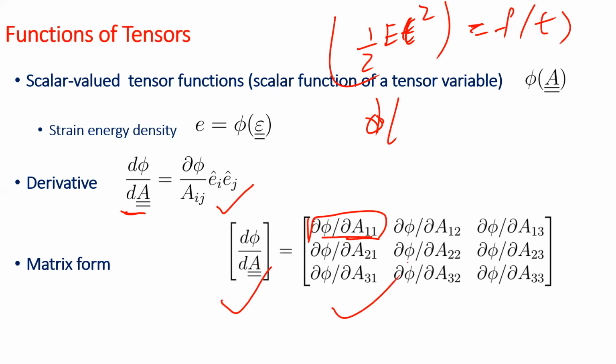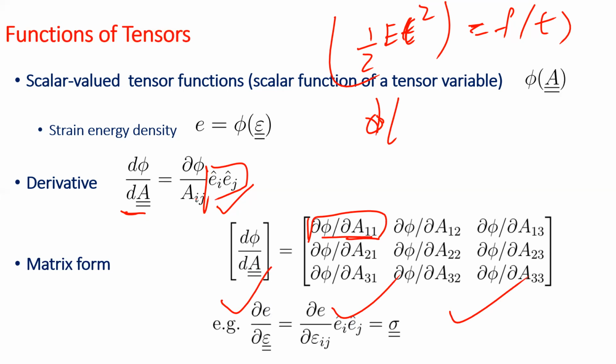All right, so the derivative of a scalar function with respect to a tensor leads to a tensor. You see, this is a tensor. So this is a scalar valued tensor function. We take the derivative of a scalar function with respect to a second order tensor, and the output is a tensor. Where is this used?